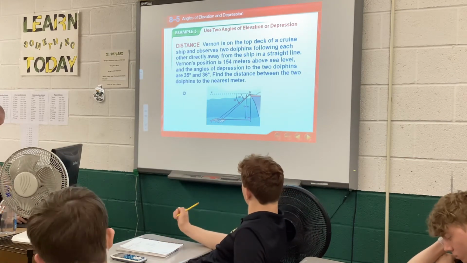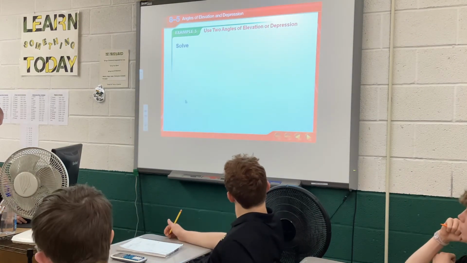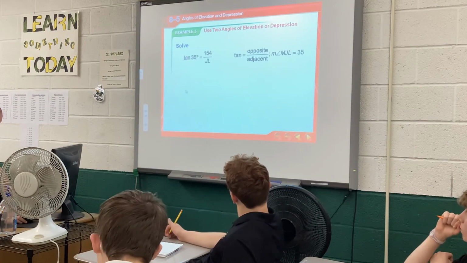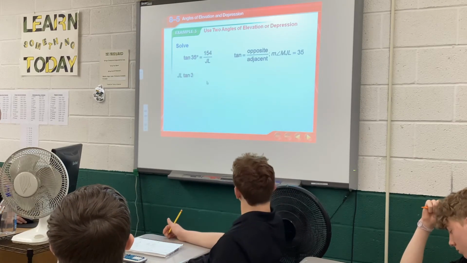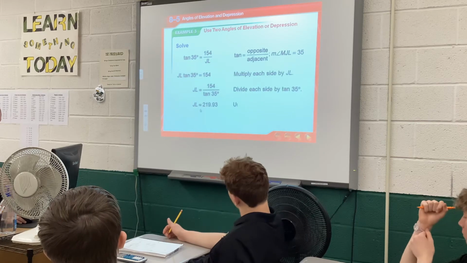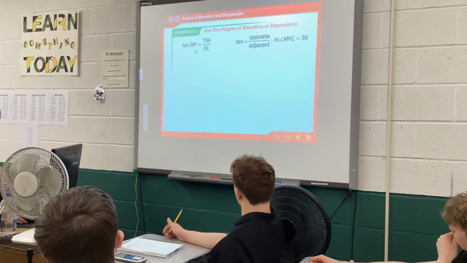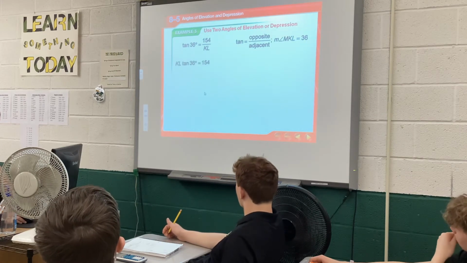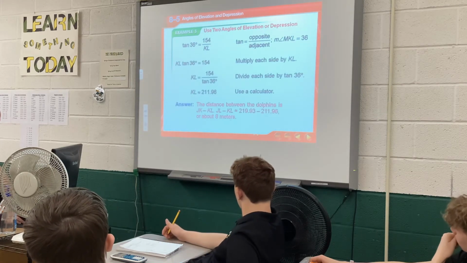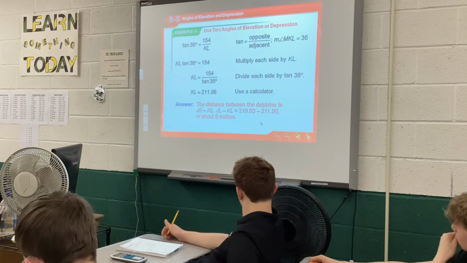So basically this is this one. So I'm doing tangent of 35, 154 over, and then I get a distance. Then I'm going to do the exact same thing, but I just change the first degree to 36 degrees, and I get another distance. And then I take those 2 and subtract them apart. Pretty cool, right?